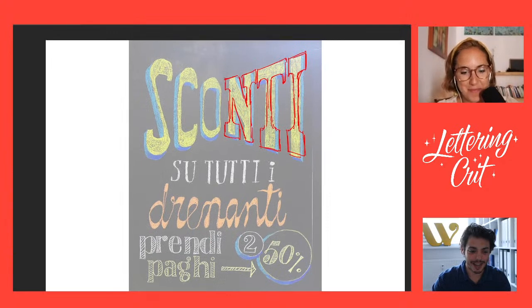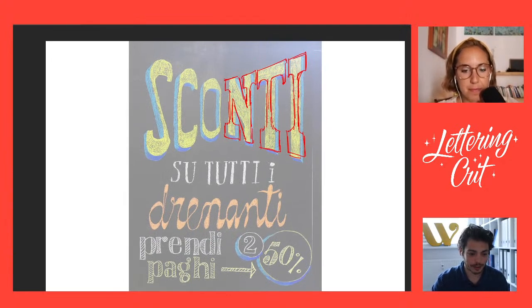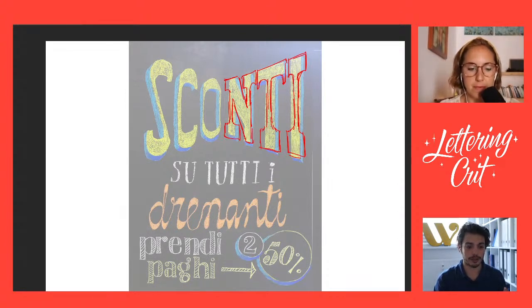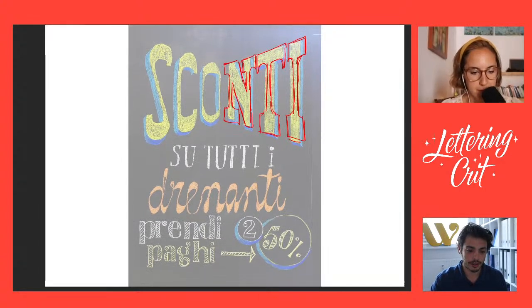In the meantime that you were explaining that, I was reading this second word here, and I love how now we can link the two styles together. For instance, this Sconti now has this inverted contrast or these big serifs. And here, even though it's a different style, a script lettering, it also has this inverted contrast.